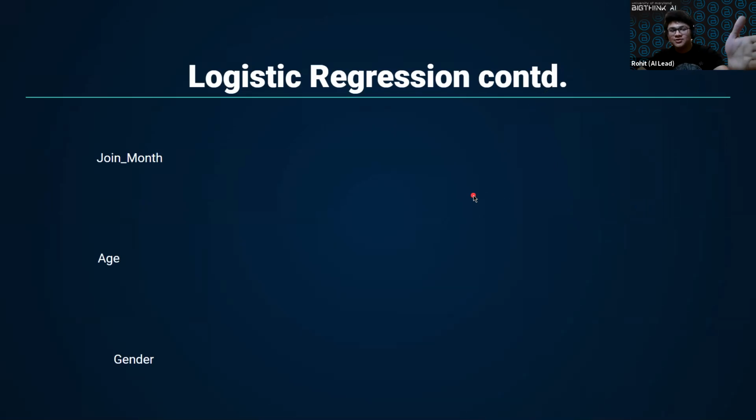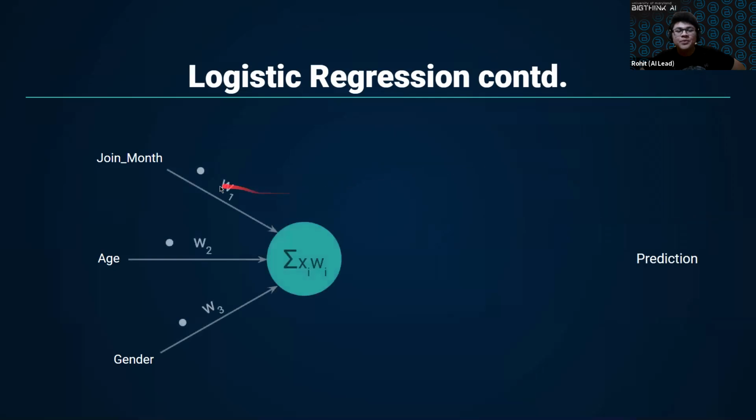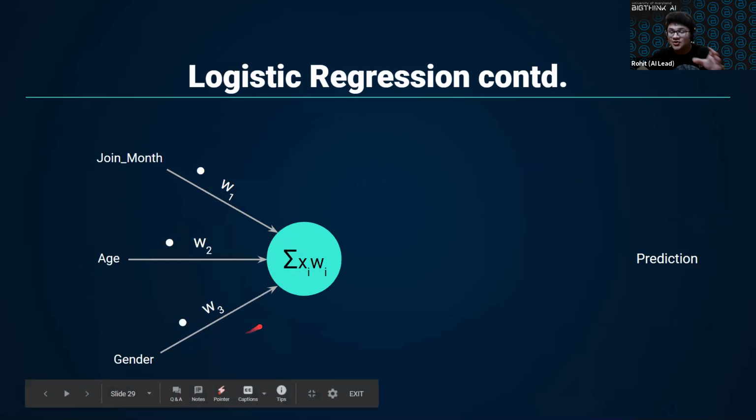We have the join month, the age, the gender, and we have to get to the prediction of whether they left or not. That's the whole problem that the client wanted us to solve. So now we're the model. The model gives each of these features a certain weightage, and then we convert that into a single number by taking that weighted sum.